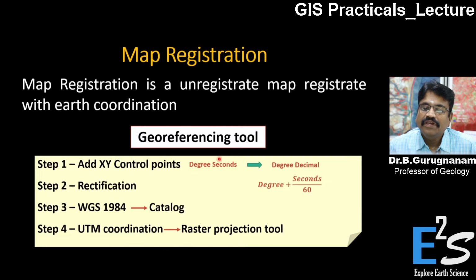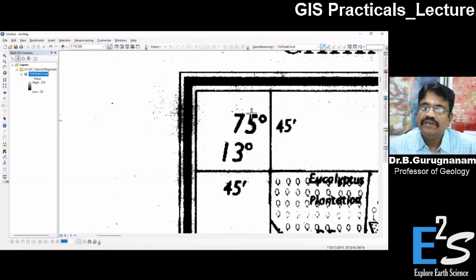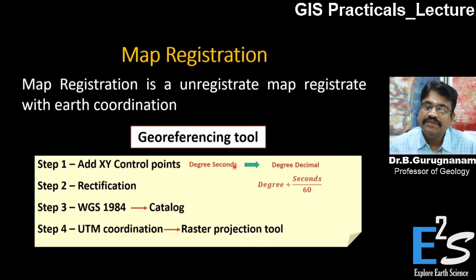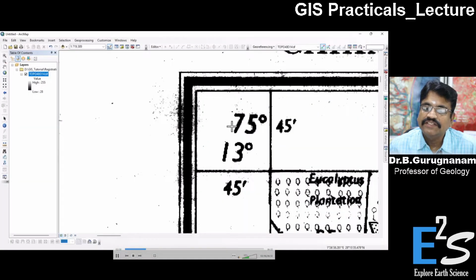Before that we should know how to convert degree minutes into degree decimal. Normally ArcGIS will take degree decimal. So you will have to convert the minutes into degree decimal. How you will do it: you take the degree as such without any change and then take minutes over 60.